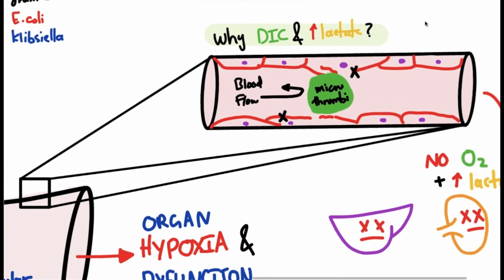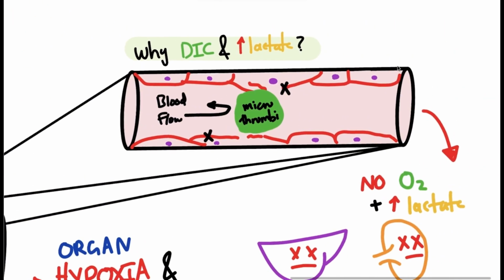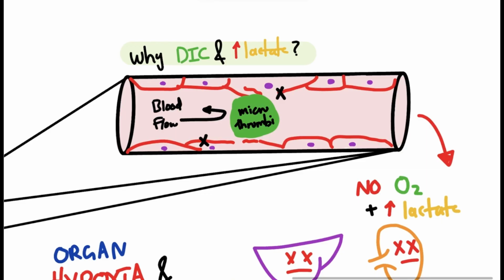So let's zoom in and see what's really happening. So here we have a microvessel, a capillary. And what is happening is we have a lot of systemic inflammation, as we've said. So this systemic inflammation, you can imagine that it damages the endothelium. So it goes all the way here and it damages the endothelium. And when this happens, you remember from the coagulation cascade, sorry, actually the platelet activation lecture.